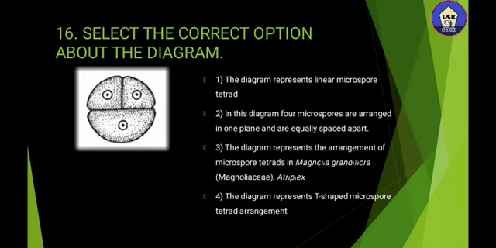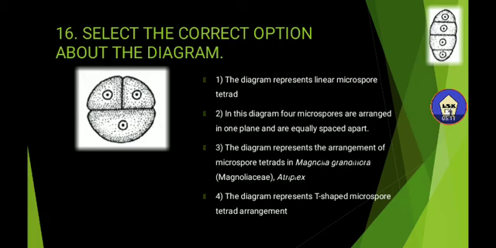So what is the right answer? See here, the first option: the diagram represents linear microspore tetrad. Now this diagram represents the linear microspore tetrad, but the given diagram is not correct for this particular statement. So option 1 is wrong. Now second option: in this diagram 4 megaspores are arranged in one plane and are equally spaced apart.